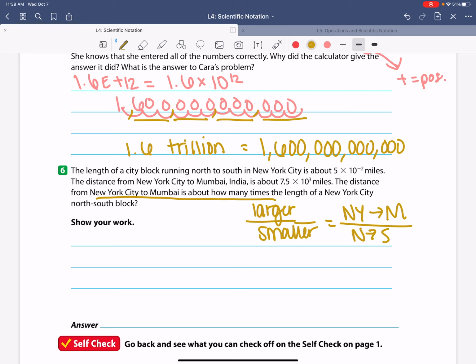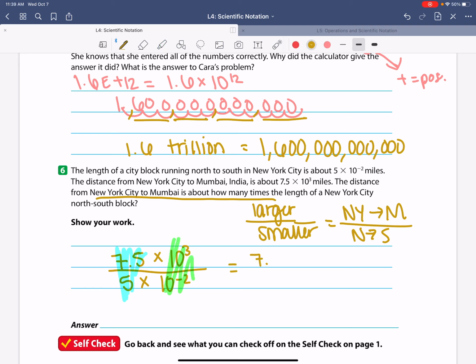All right, so our New York to Mumbai is 7.5 times 10 to the third power, and our city block north to south is 5 times 10 to the negative second. So just as we've done previously, you have your numbers from 1 to 9, and then you have your powers of 10. So you'd have 7.5 over 5 times 10 to the third over 10 to the negative second.